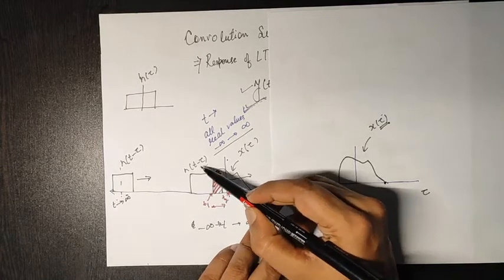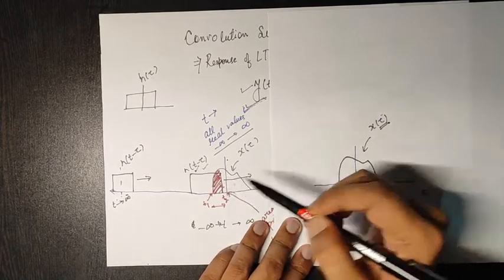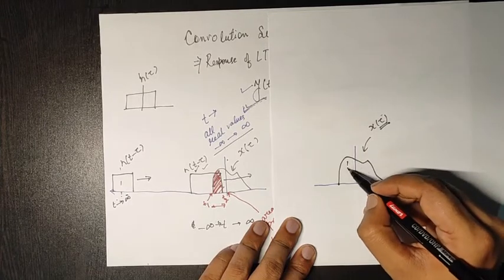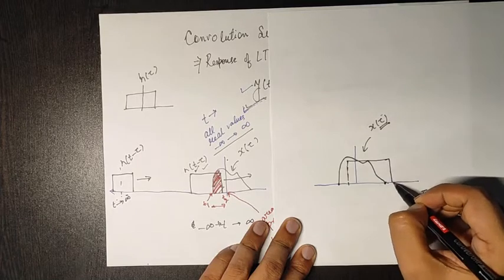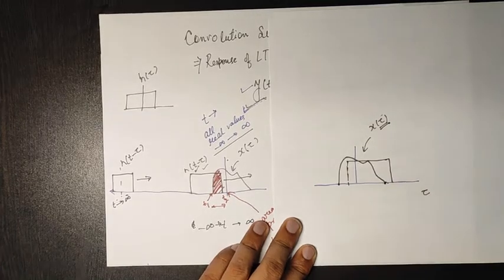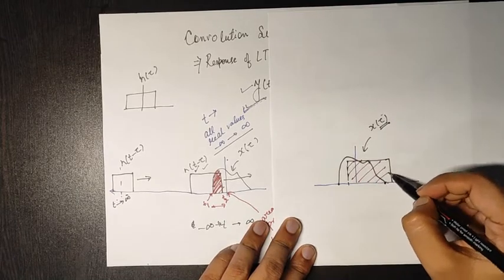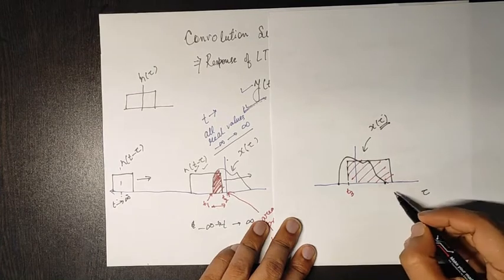This curve h t minus tau is shifting with respect to t units. So let's say it shifts further to another point, further up to here. Now we obtain another area product, which has some interval t3 to t4.